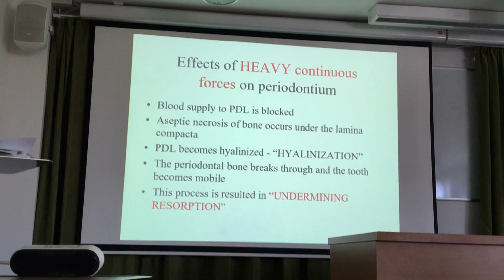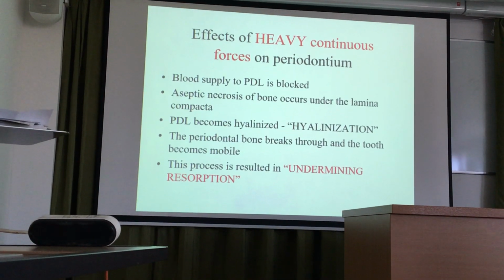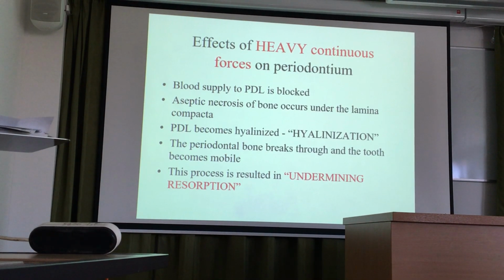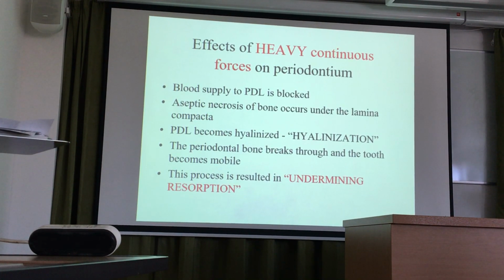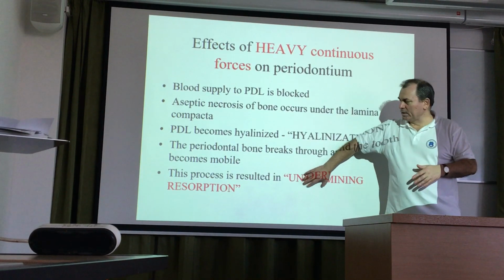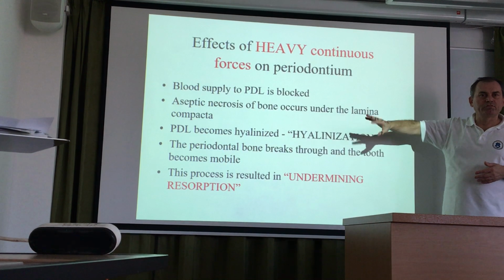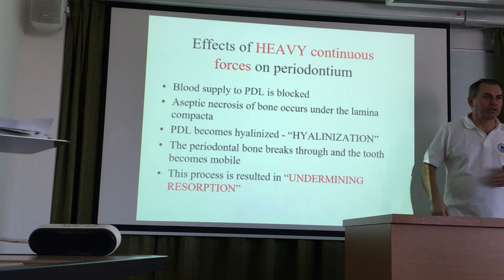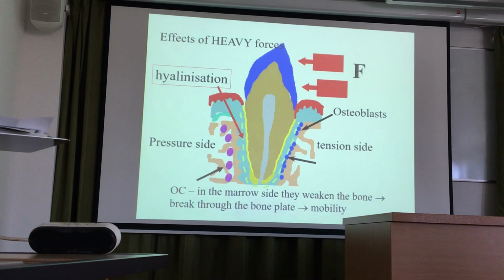And when the bone is very weak, you suddenly bite on the tooth accidentally, and the result will be breaking through the lamina dura, okay? This is the meaning of the previous things, the finding in undermining resorption.